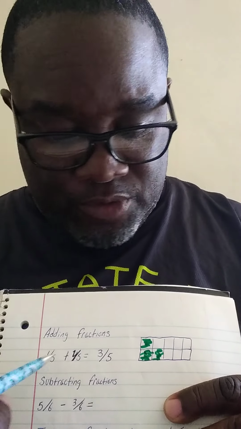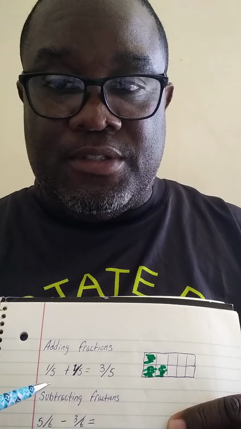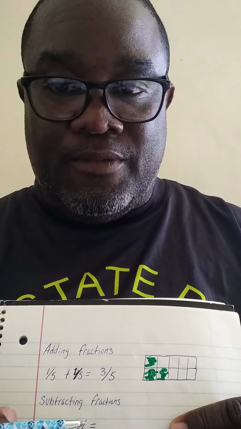Then the second one, we have 2/5. Right here, for the first fraction, I kind of should have spaced them apart, but I didn't have enough room. So the first fraction we have is 1/5, so we have 1 out of 5 here. And then we have the second fraction, 2/5. So when you add those together, the shaded parts, you have 1, 2, 3 out of 5. You have 3 shaded parts, so it'll be 3/5. If that's making sense, 1/5 plus 2/5 is 3/5.